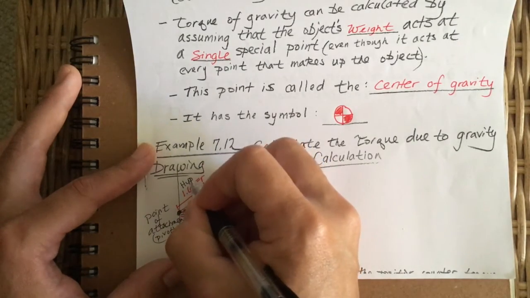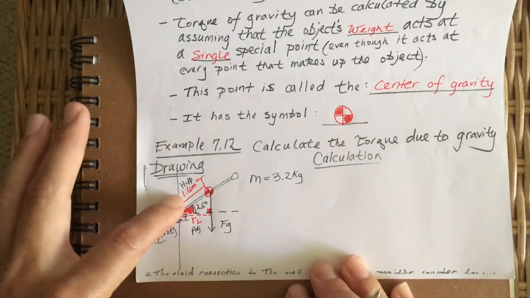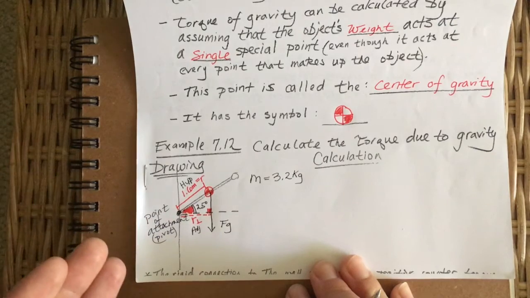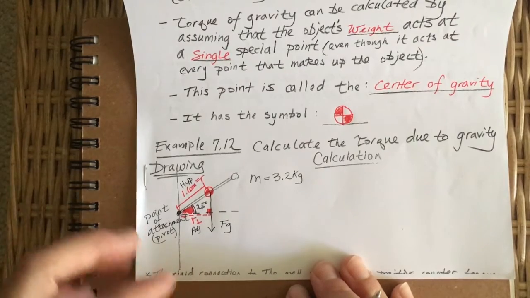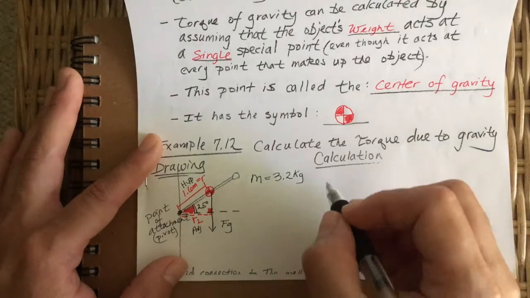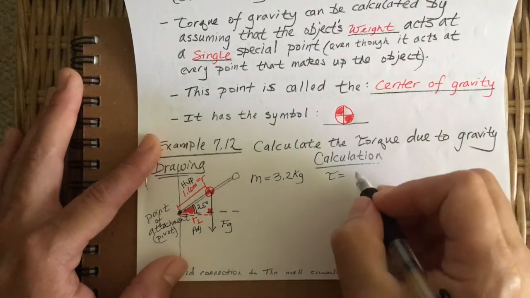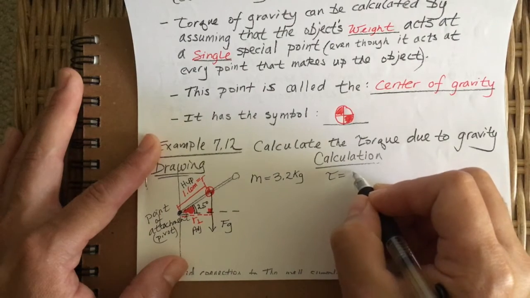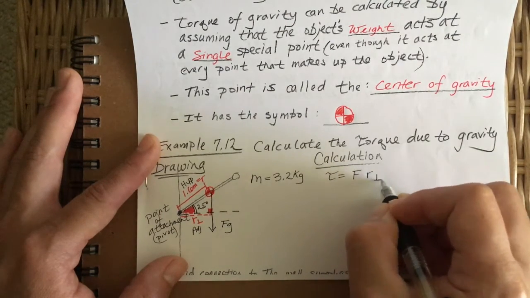So when we find these perpendicular parts of R or F, we should notice that the original R or F is going to be the hypotenuse, and the perpendicular component is going to be something smaller than that, right? So anyways, we're going to find torque here because torque is equal to R perp times F, or I'm going to write it the other way, F times R perp.